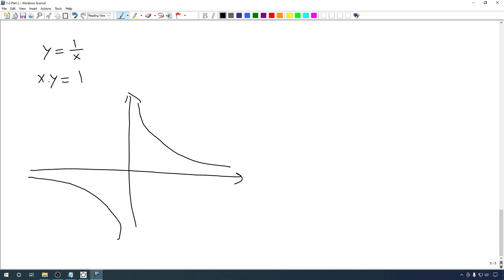And we can tell that from the fact that we cannot plug in 0 for x or for y, because if we plug 0 into either one of those, we get 0 here. We don't get 1. So this curve, this graph, cannot have any x or y intercepts. And so we get this particular shape.